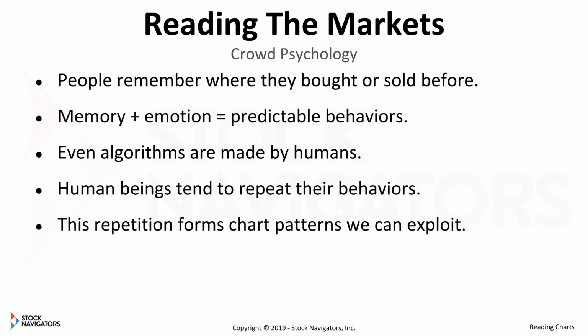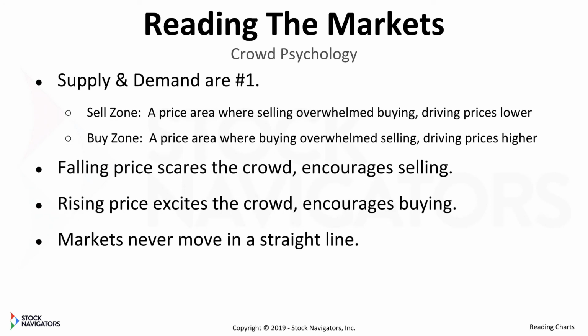Even the algorithms out there that are trying to automatically trade the markets are made by humans. And so they are initially, anyway, set up to work on human rules and human understanding. The repetition that human beings will tend to exhibit over and over again shows up in the charts, and it forms patterns. When we learn to recognize those patterns, we can exploit them for our own profits.